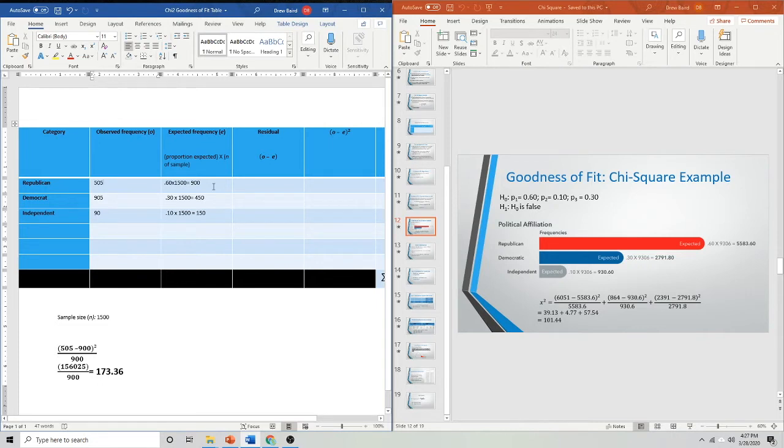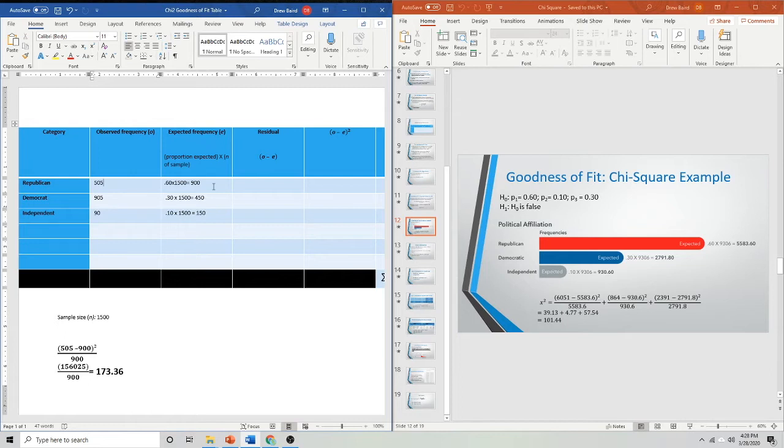That would translate to a frequency of 900 Republicans in our sample of 1,500. And similarly, 30% would be expected to be Democrat. That would translate to 450 Democrats in our sample of Newport News residents. Lastly, we would expect 10% to be independent, so take 0.10, multiply that by 1,500, our sample, and that would give you an expected frequency of 150.